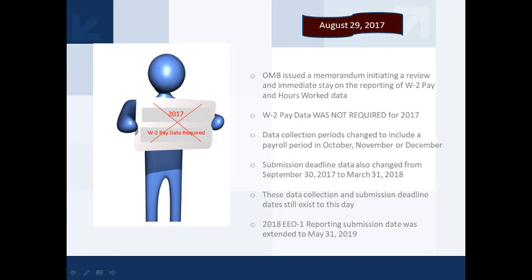For 2018, the EEOC had delayed the opening of their submission portal until March 1st of 2019. As a result, the deadline to submit the 2018 EEO-1 report was extended to May 31st of 2019.